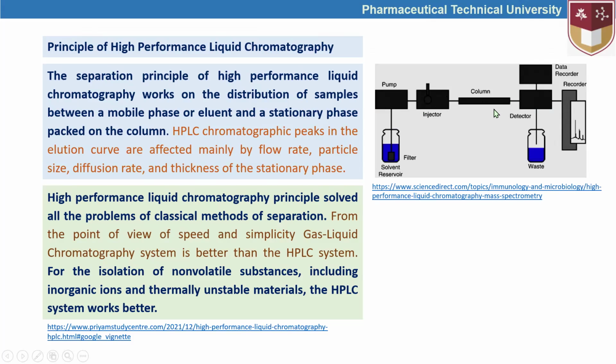In the column, the separation happens, and then based on the volume of the peaks, we can quantify the compound, and based on the retention time, we can identify the compound. So the HPLC has its own software, and by using it, we can identify and quantify the compounds.